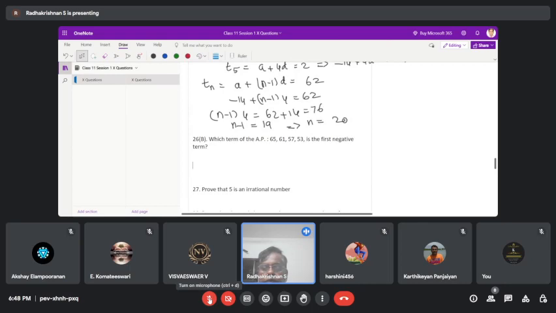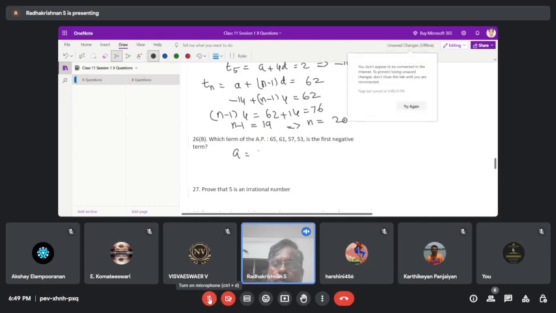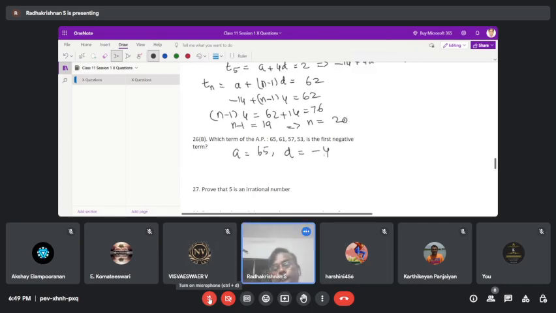So we want to find out that value of n for which Tn will become negative. So you write down what is known. A equal to 65, and what is D here? Minus 4, okay? Not 4, because from 65 to 61 it is decreasing, no? So D is minus 4.